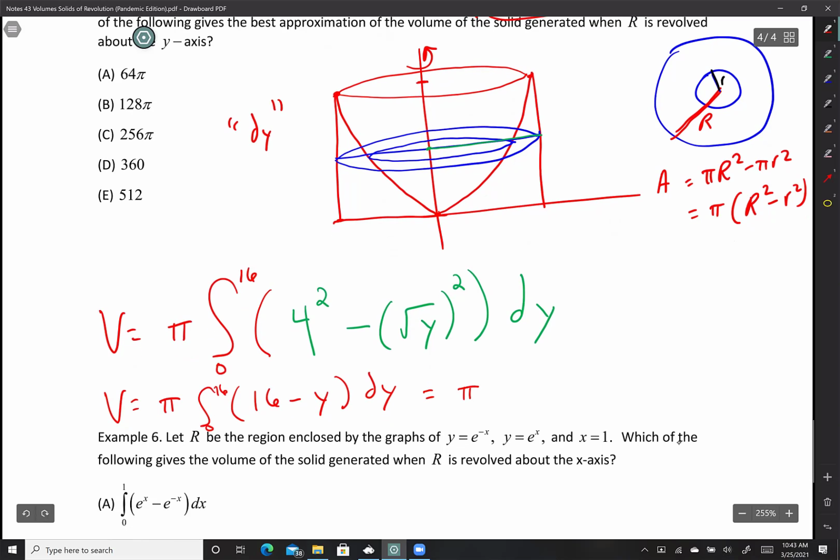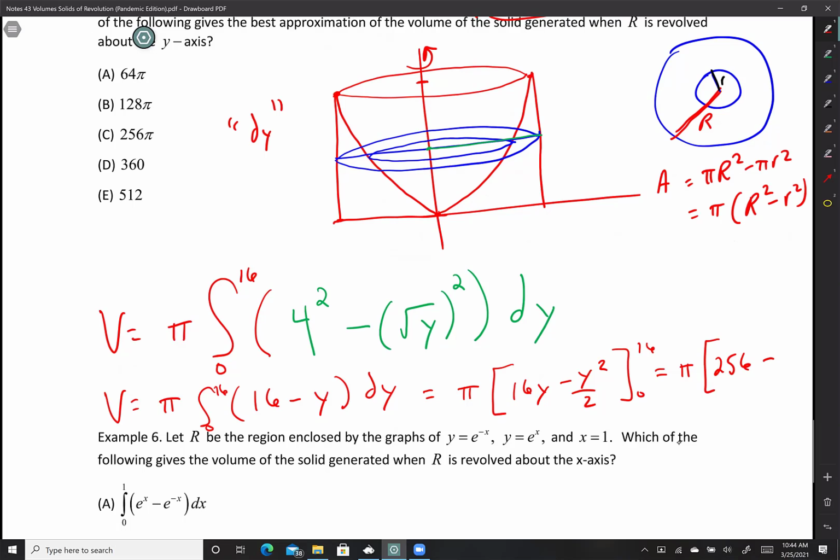Pi on the outside, bracket, antiderivative of 16 is 16y. Antiderivative of y is y squared over 2 from 0 to 16. Yeah, we can do that. 16 times 16. I want to say that's 256, right? Okay. And then 16 squared is 256 divided by 2.